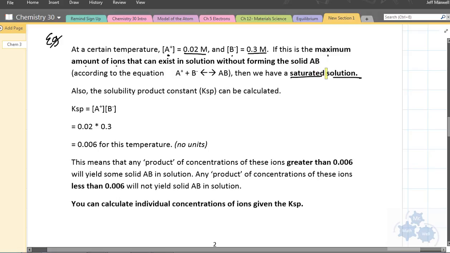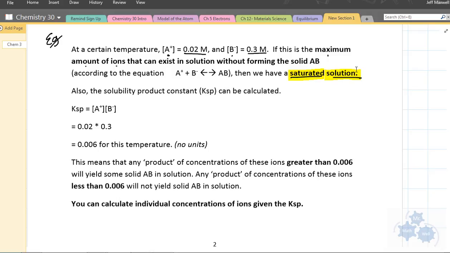So a saturated solution. If something is completely saturated, you've probably heard the term, the market is completely saturated with this product, right? What does that mean? It means that it's very popular, that there's a lot of it out there.